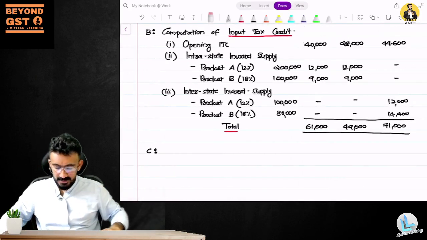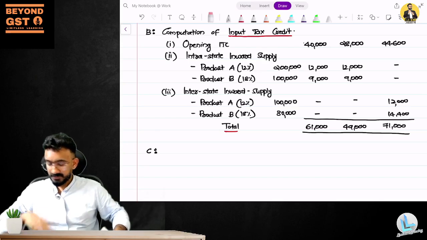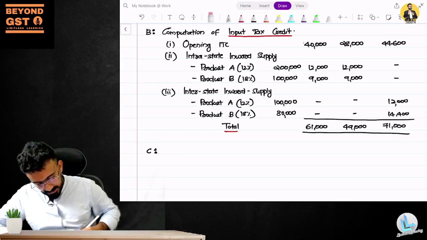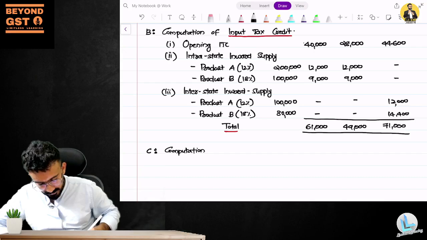Let's try to understand. Now we are at part 3 or C, wherein we will do net GST payable. This is where we will do the set off. Computation of net GST payable.